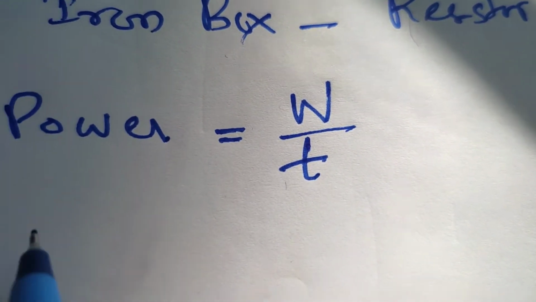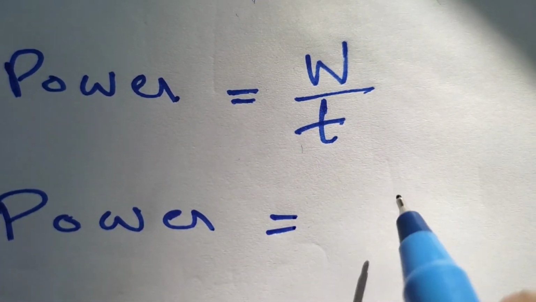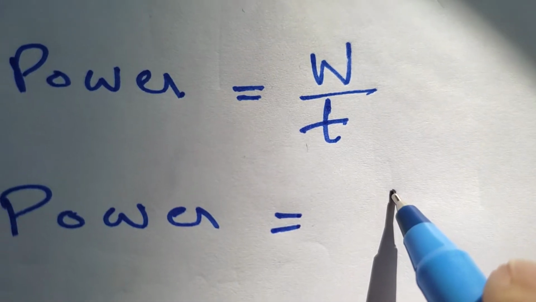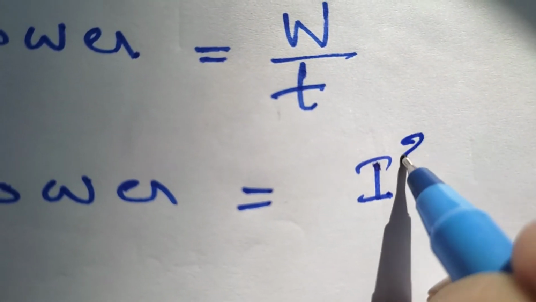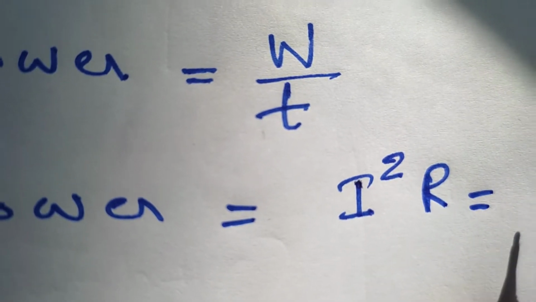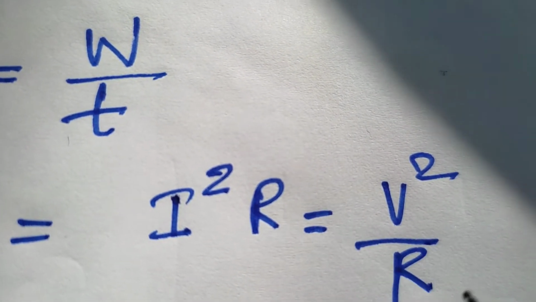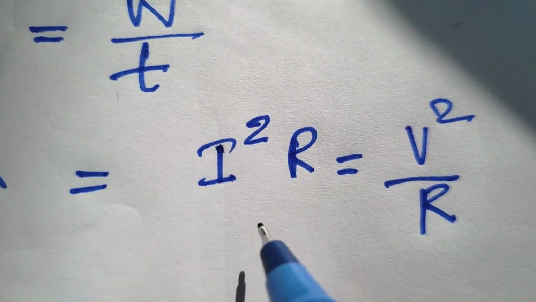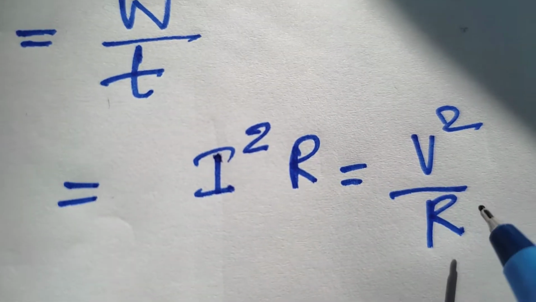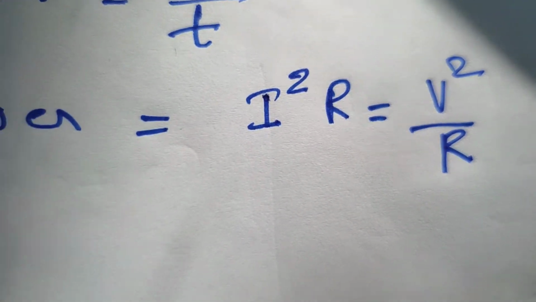So, electrically, power is given as I squared R or equal to V squared by R. You can see this I squared R depends on the square of the current, and V squared by its resistance.